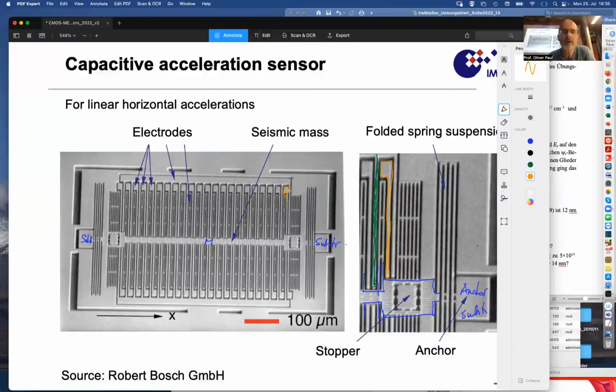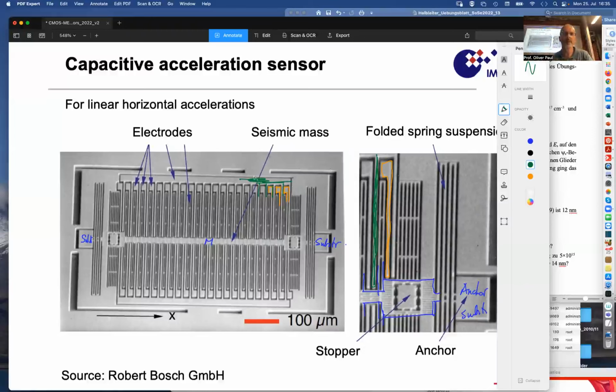For every electrode rib, we have a yellow electrode, and then we have all the green ones attached to the same part here. Those are fixed mechanically on the chip. They don't move, but they are electrically insulated from each other. All the yellow ones are connected to each other.